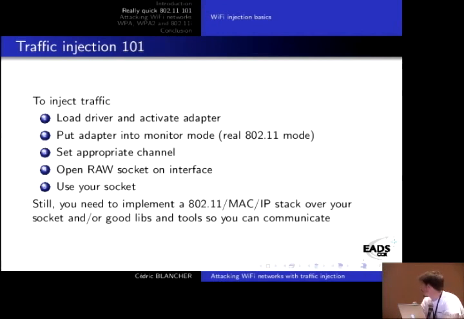So monitor mode, appropriate channel, and then you just have to open a raw socket on the interface and play with it. But still, beyond this, you have to implement your own .11 stack.